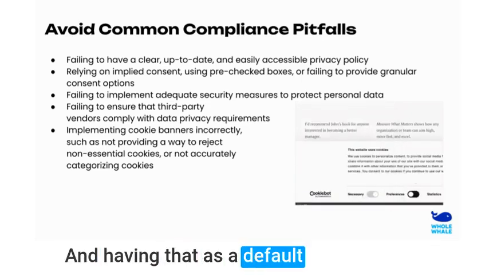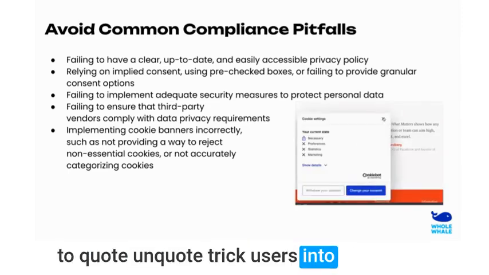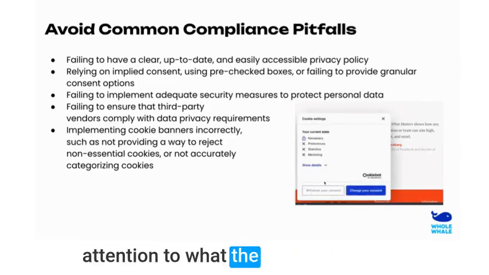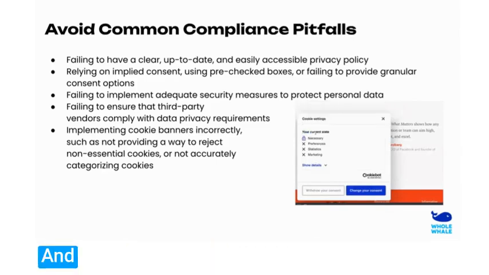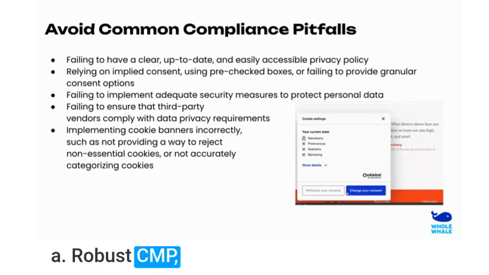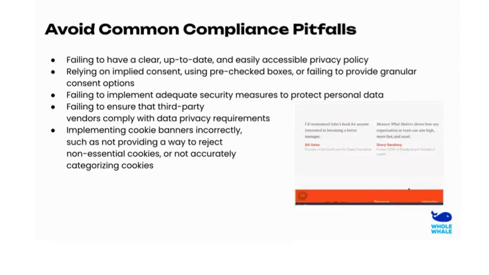And having that as a default option to quote unquote trick users into giving data who might not be paying attention to what the banner is saying is definitely suspicious. And so the solution here would be to implement a robust CMP, providing explicit consent options and maintaining user consent records to ensure that this doesn't happen.